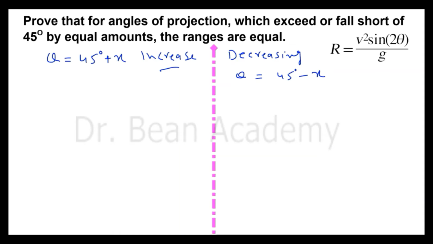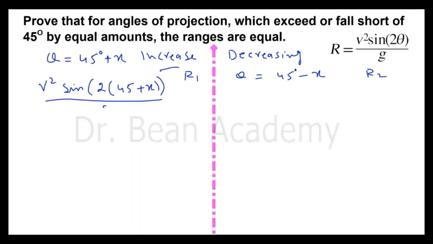So let's calculate the range for both of these angles. I can call the left one the increase, or we can give it a name R1, or R2 just to identify, but I will write the expression v squared sine of, now I will replace theta with 45 plus x. X is any angle you want. So 2 into theta will become 45 plus x over g.